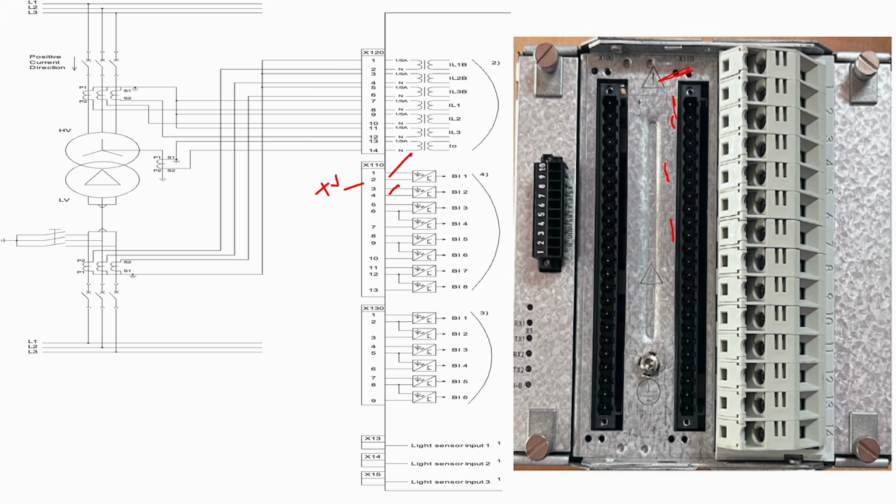Likewise 3 and 4 are also independent, but BI3, BI4, these both are not independent because they have a common negative. You can see here number 6 is a common negative, right? So you have to utilize the common negative here. So this is not an individual BI. You have to use the common negative for both the BIs.